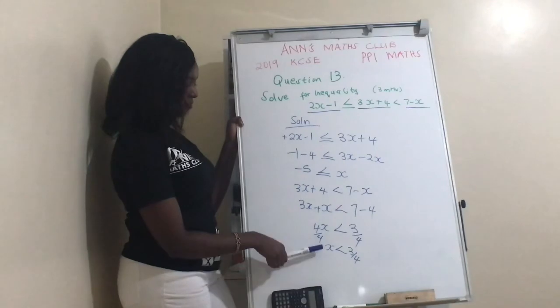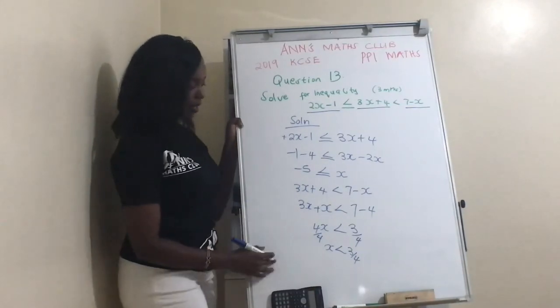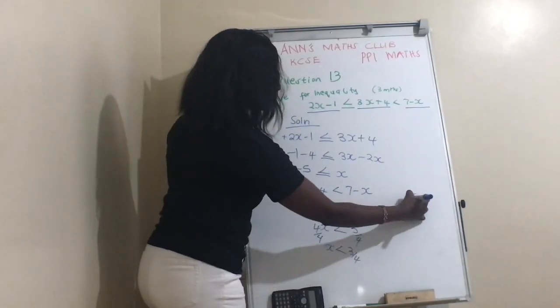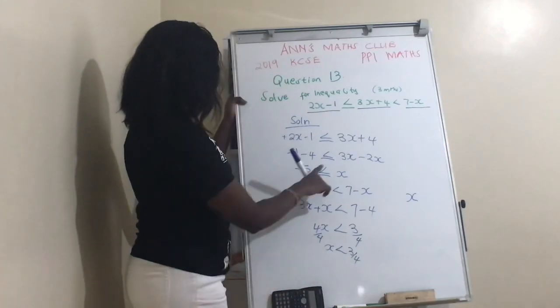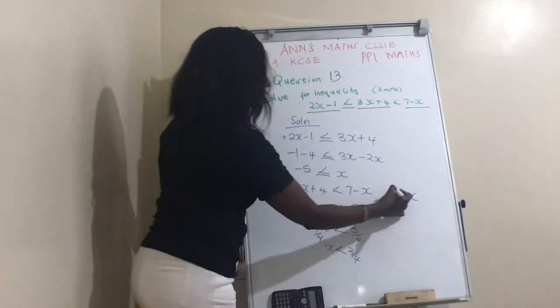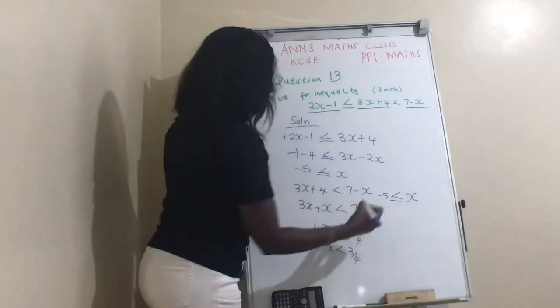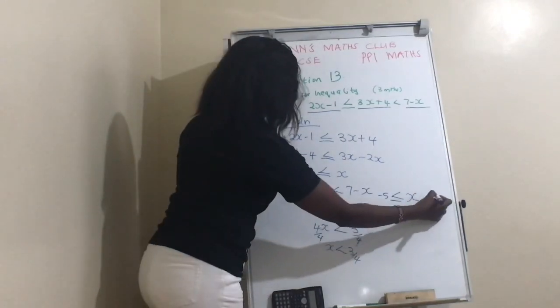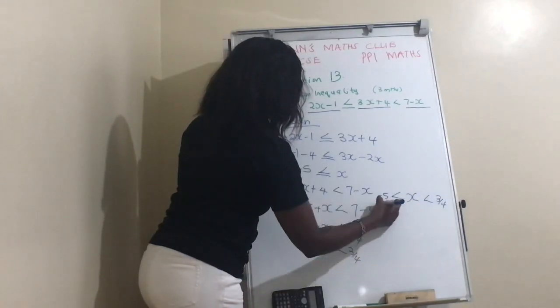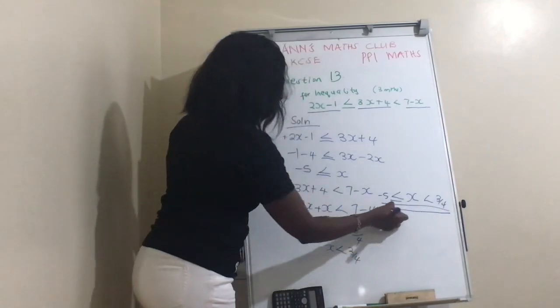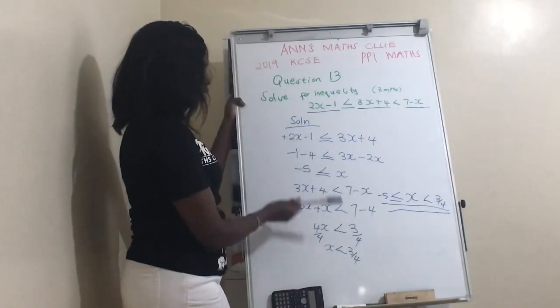So now that we have the two sides, you can just combine them both. You put x in the middle, and you've been told x is greater than or equal to negative 5. And again, x is less than 3 over 4. So this becomes your answer. You just combine the two again.